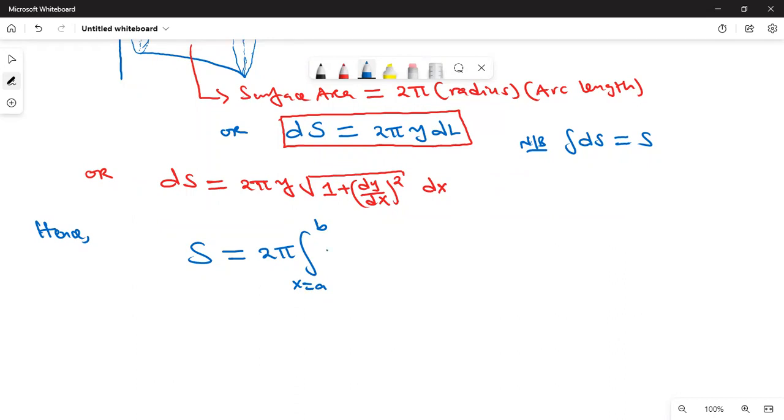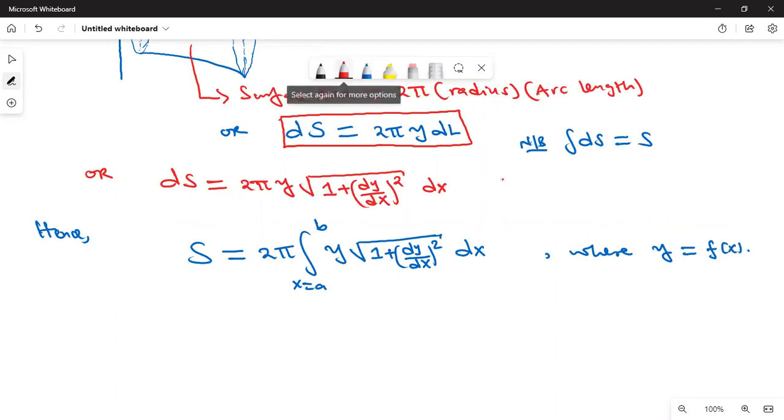So we just write y times the square root of 1 plus dy over dx squared. Integrate this with respect to x, where y is equal to a function of x.